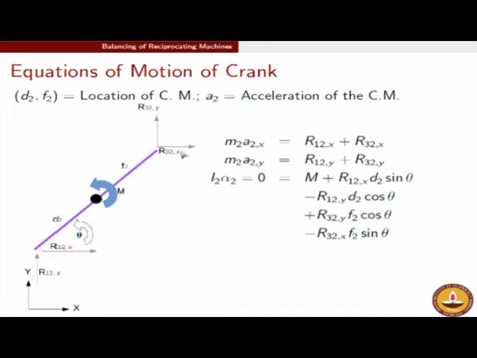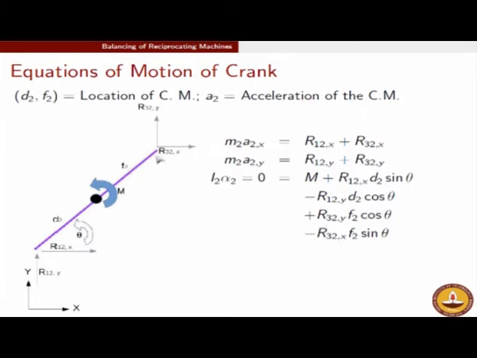You will also have a moment due to R32,x, and this time this R32,x is going to create a clockwise moment about the center of mass. So therefore it comes with a negative sign, and the moment arm corresponding to it will be F2 sine theta. This is F2, this angle is theta, so therefore this is F2 sine theta.